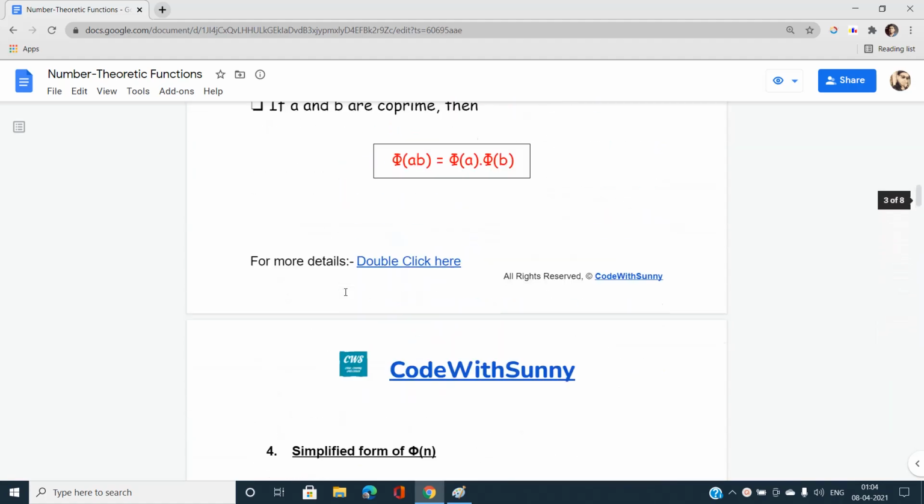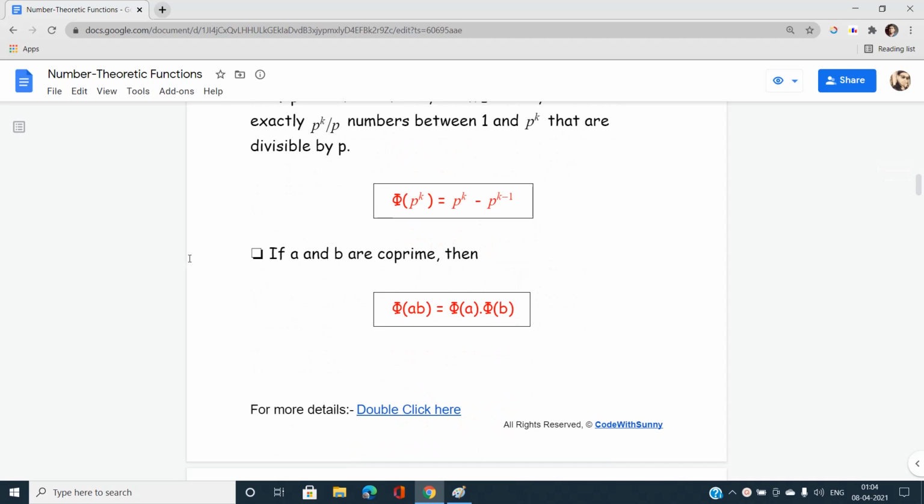Okay, now my next property is if A and B are co-prime, then phi AB equals phi A into phi B. This is going to be very useful here to calculate Euler's Totient function efficiently for any number. This relation comes with the help of the Chinese remainder theorem, and for now I'm going to skip this part and explain it in a later video regarding the Chinese remainder theorem.